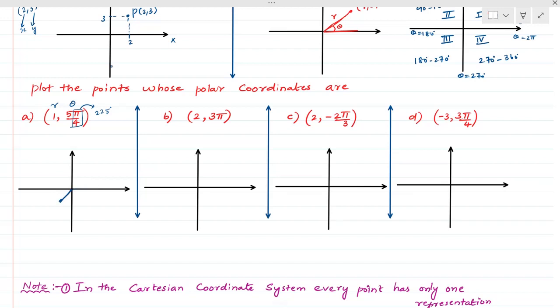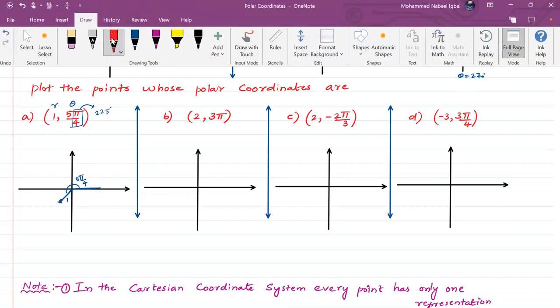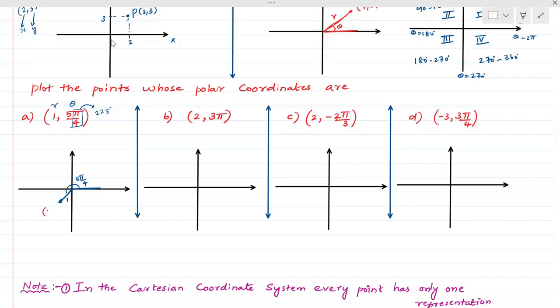So this is the line I drew here. This is 5 pi over 4, and the length is 1, and this point we call 1 comma 5 pi over 4.